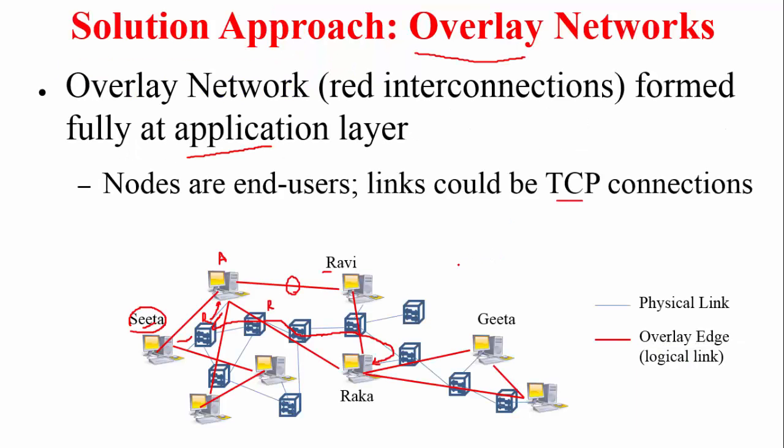So for example, in this figure, let's say I'm adding a new node N, it may randomly choose to connect to Ravi, it can choose to connect to this A, and it can randomly choose to connect to Raka. So it just chose randomly and established these TCP connections, and now it is part of the overlay.